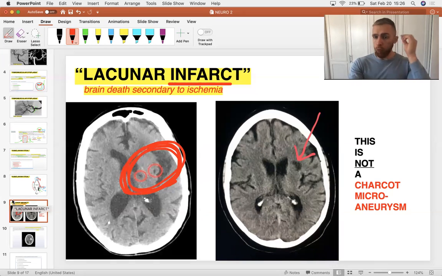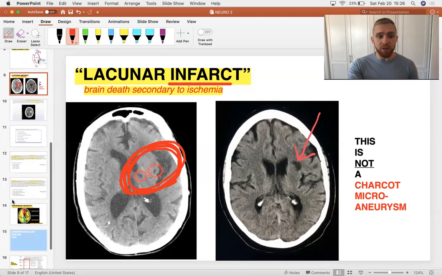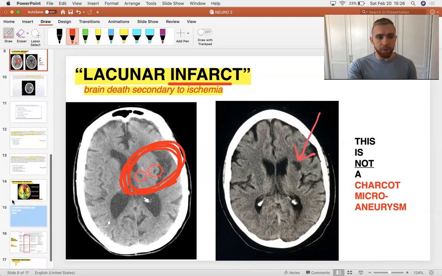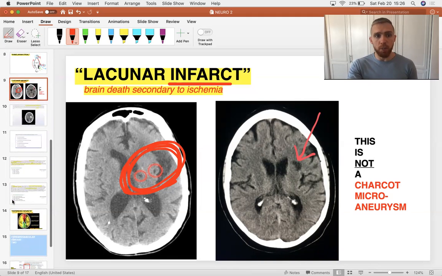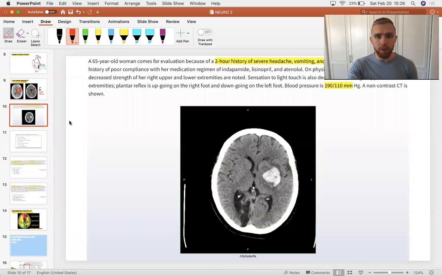But rupture of a lenticulostriate artery in the setting of exaggerated hypertension, maybe in a patient who is not controlling their salt and fluid intake, or in a patient with a 50-pack year smoking history, that is going to lead to a little bit different presentation called a Charcot-Bouchard microaneurysm.